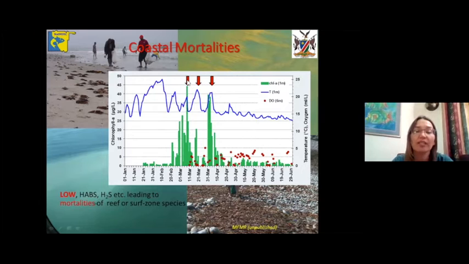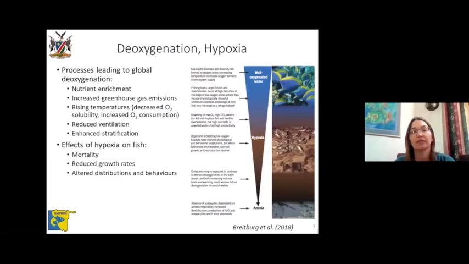And then when you have these blooms, they can be harmful algal blooms or just generally biomass that decays, using up the oxygen, and that's when you have low oxygen. It can even be so severe that you have sulfide eruptions happening, so sulfide events, and that's when you have mortalities of the local reef or surfstone species.